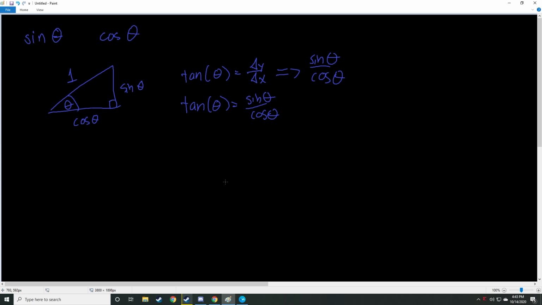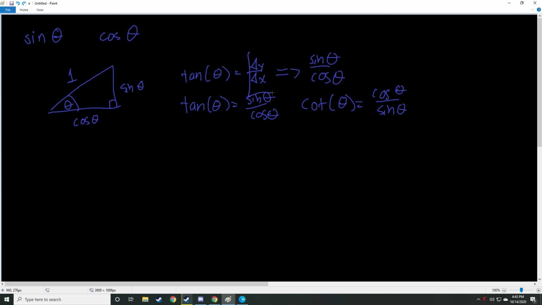Now, what else do we need to know? Well, cotangent of theta, you basically flip these around. So cotangent of theta is equal to cosine of theta over sine of theta. If tangent is sine over cosine, then cotangent is cosine over sine. Once again, if you ever forget what tangent is, just remember tangent of theta is the slope of this line.